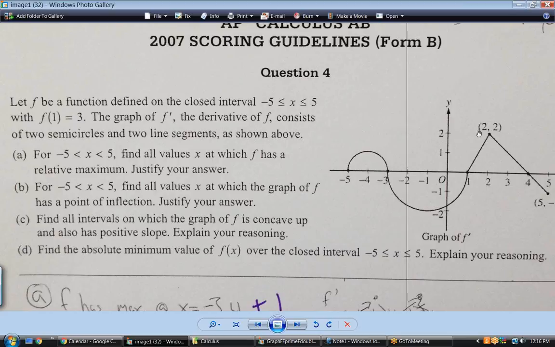We cannot take the second derivative, so the second derivative doesn't exist because it's a cusp or a corner. I still think that's an inflection point.